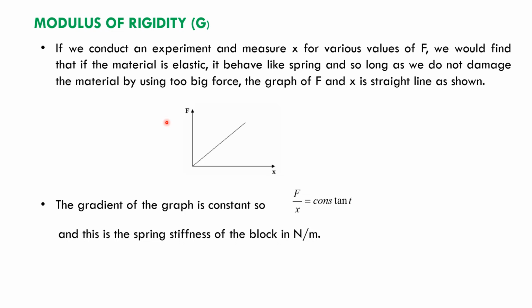So long as we do not damage the material by using too much force, the graph of F against x will still be straight, as shown in this picture. The gradient of the graph is constant, so F over x will be constant, and this is the spring stiffness of the block, expressed as Newton per meter.